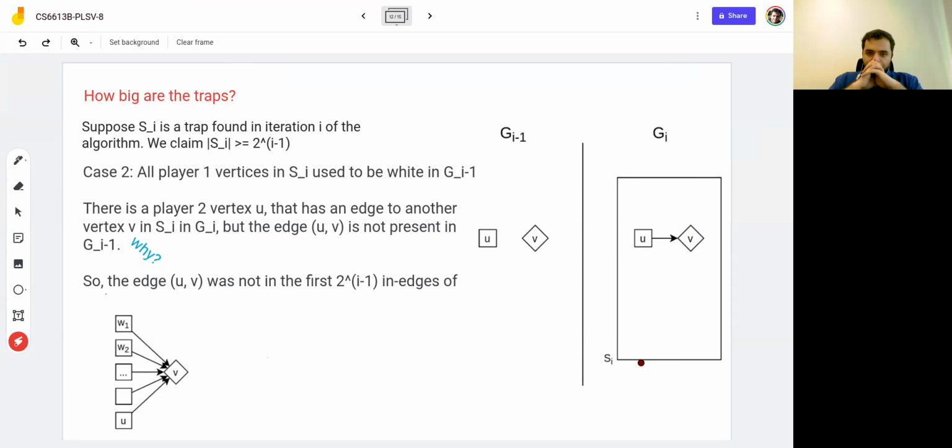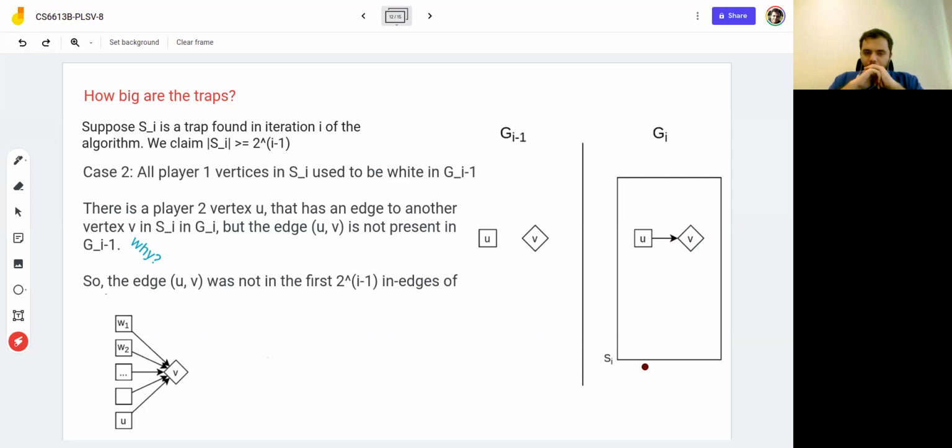Okay, so why should such a vertex exist? Well, let's say that we don't have any such vertex. If I have a player 2 vertex in S_i, I know that it definitely has at least one successor in the trap, because that's the definition of a trap. Every player 2 vertex has at least one successor in the trap.